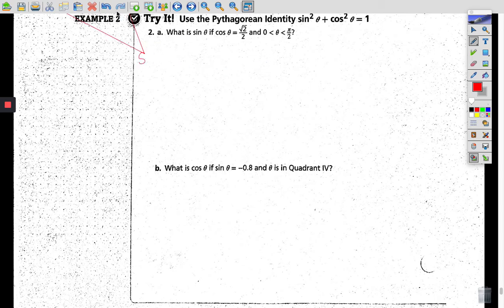So we're trying to figure out what sine of theta equals, okay? So we've got sine squared of theta plus cosine squared of theta. They said cosine of theta was square root of 2 over 2. So this is square root of 2 over 2 squared is equal to 1.